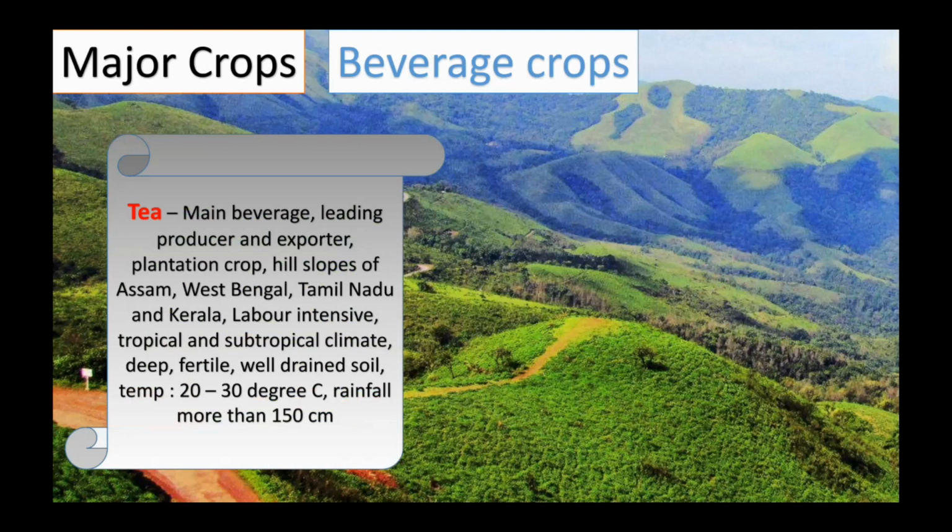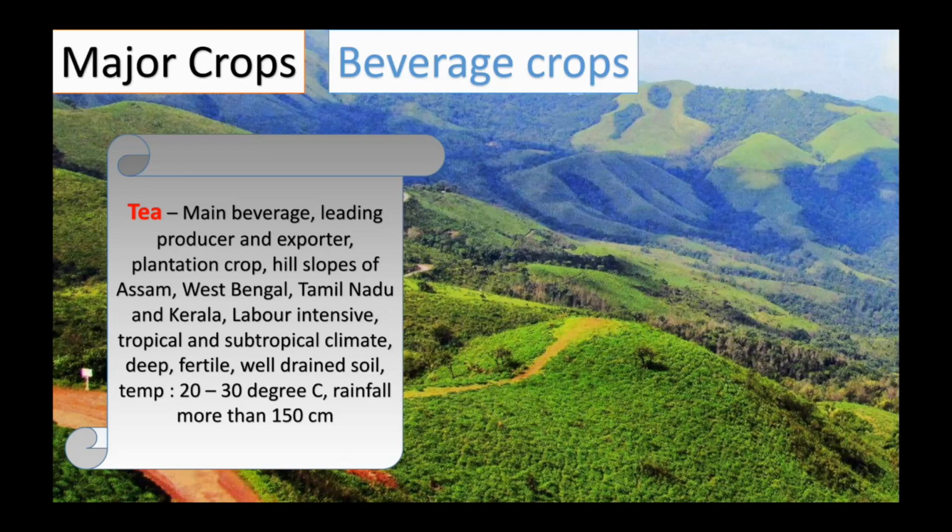India is a leading producer and exporter of it in the world. It is a plantation crop like coffee. Our hill areas of Assam, Darjeeling and Jalpaiguri of West Bengal, parts of Tamil Nadu, Kerala produce tea.